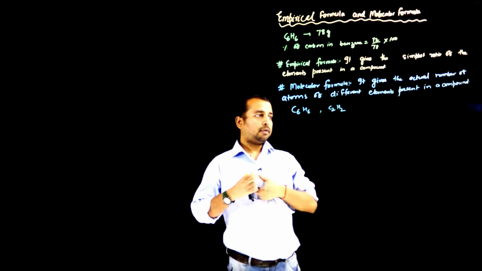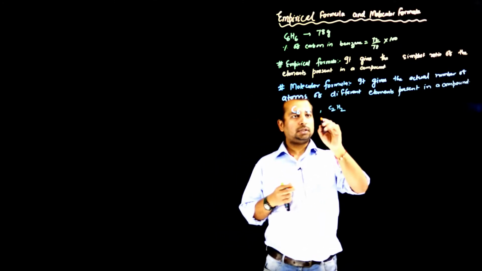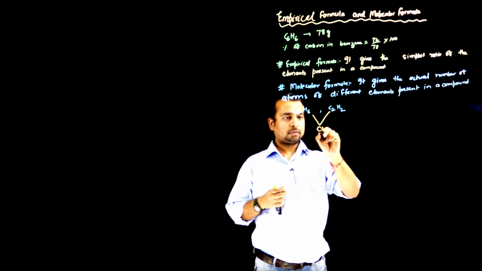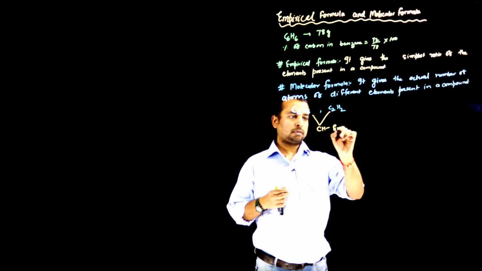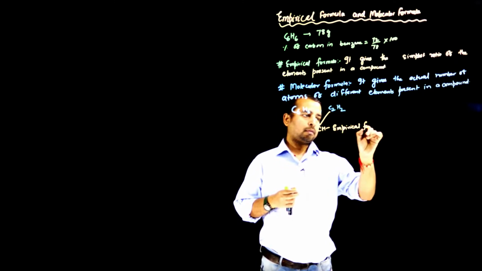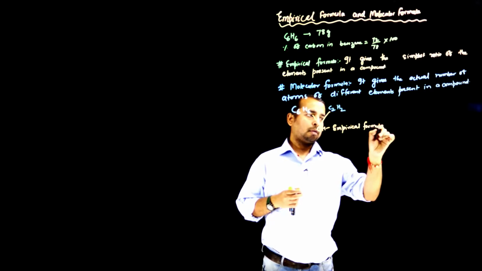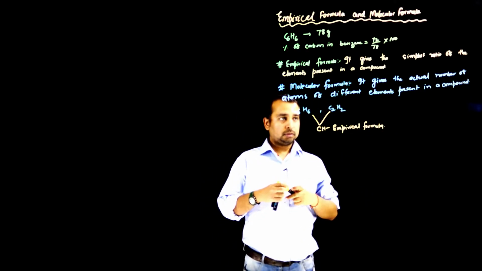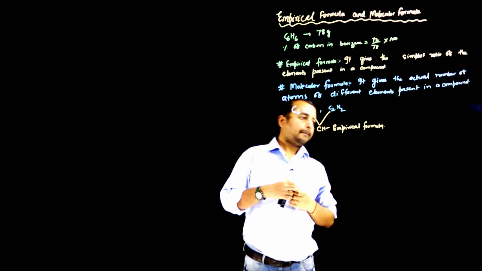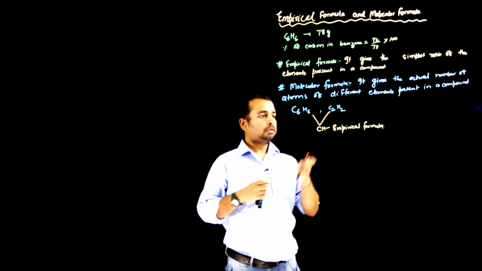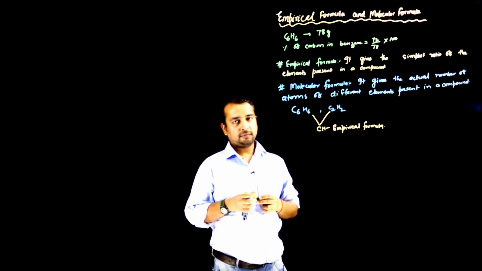So the empirical formula of the two compounds is CH, but their actual formulas are different. So for two compounds, the empirical formula may be the same, but their actual molecular formula will differ.